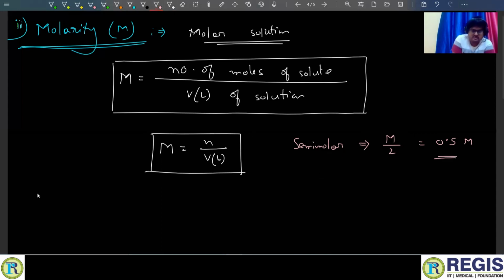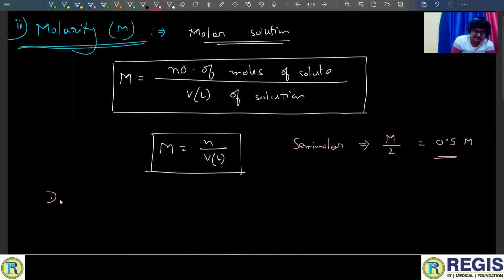Now another term, demality. What do you mean by demality? Demality is also like molarity: the number of moles of solute present in 1 liter of solution, but at 0 degree centigrade temperature. At 0 degree centigrade, the molarity term changes to demality.